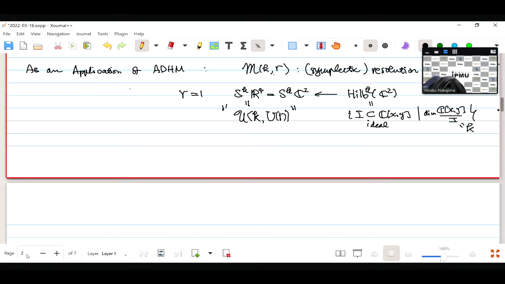Then it satisfies this dimension condition.